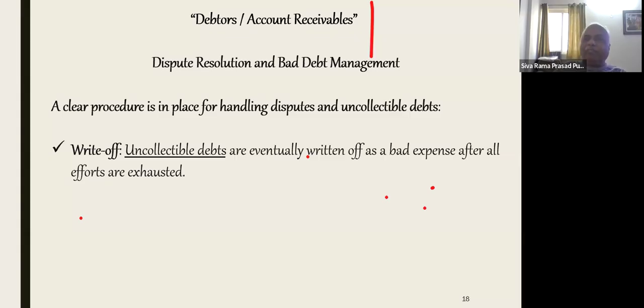For that, companies provide a bad and doubtful debts provision. Uncollectible debts are eventually written off as bad expenses after all efforts are exhausted.